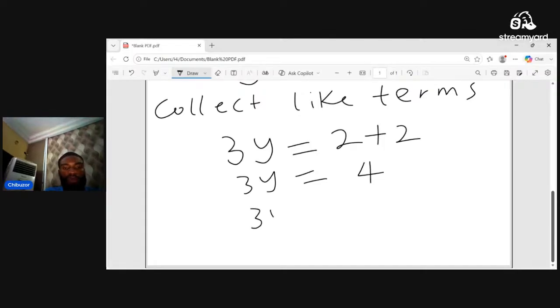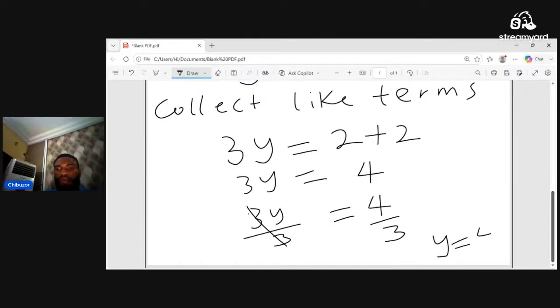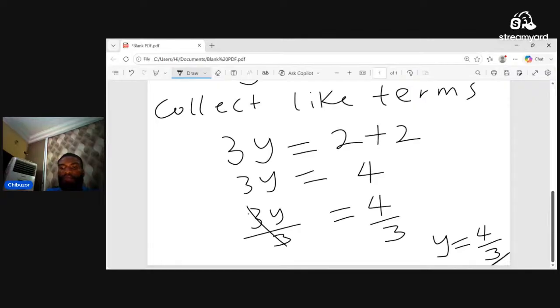We have 3y over 3 is equal to 4 over 3. This will cancel out this one. We will now have y is equal to 4 over 3 as the answer. Congrats if you said 4 over 3.